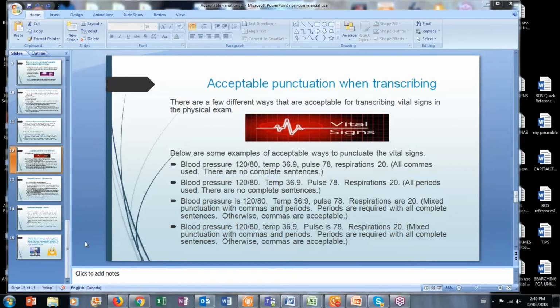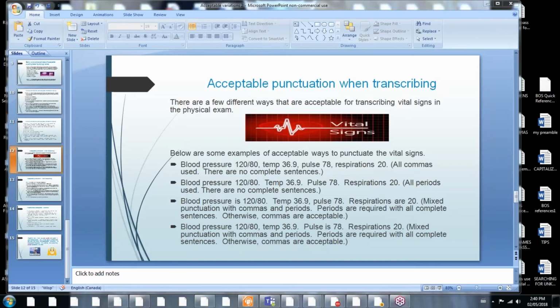The last one is same type thing. Blood pressure 120/80, temp 36.9. We separate them with commas because they were not complete sentences. The last one is a complete sentence. Pulse is 78. That is a complete sentence. So we need to have that enclosed in periods, which makes respirations 20 start with the capital letter.